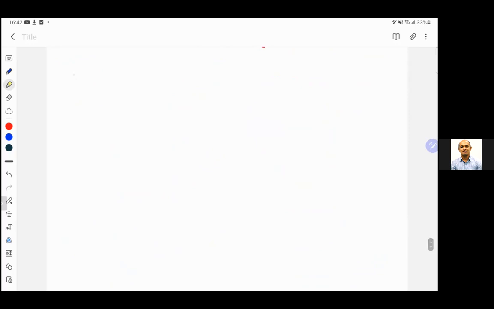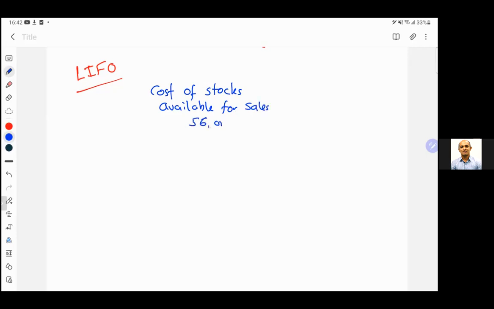Let's see LIFO basis. So we have cost of stocks available for sale, 56,000.